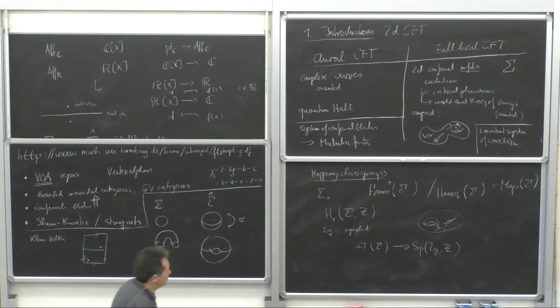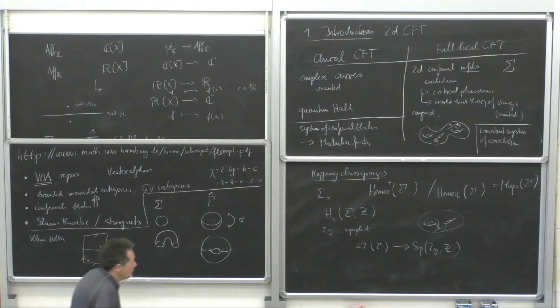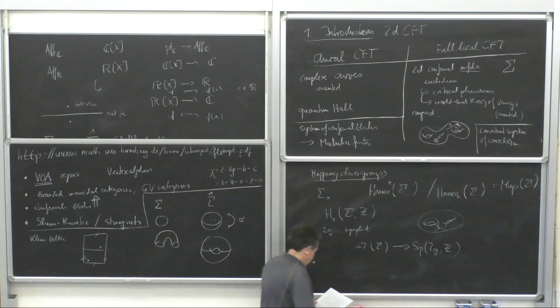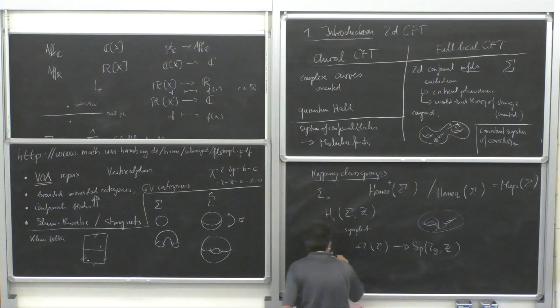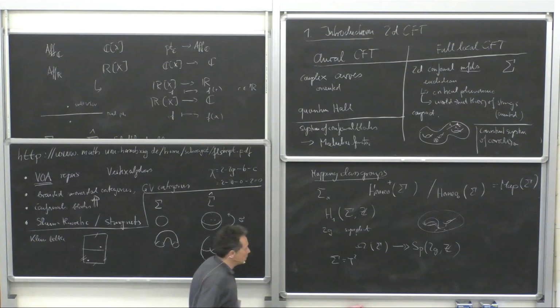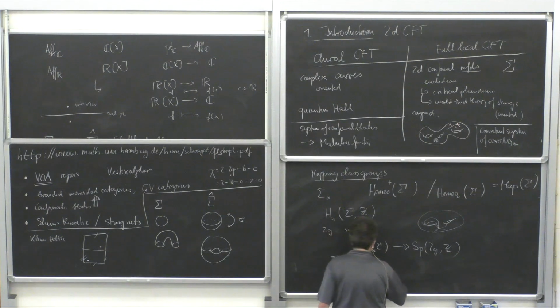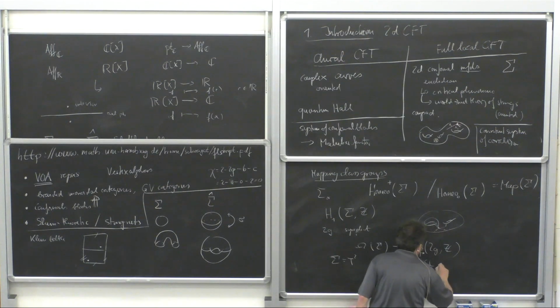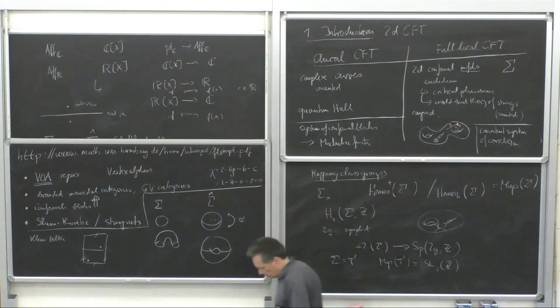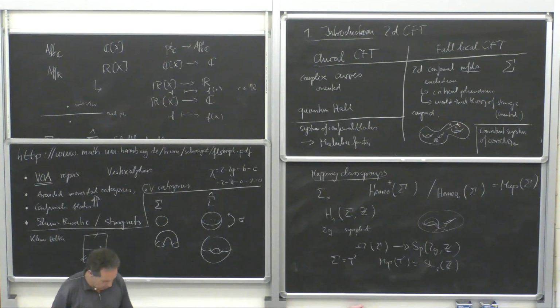In general, for general G, well, no reason why it should be an isomorphism, but for the very important case that sigma is a torus, it turns out that this is an iso, and the mapping class group of the torus is SL2Z. SL2Z is also symplectic, the symplectic group.